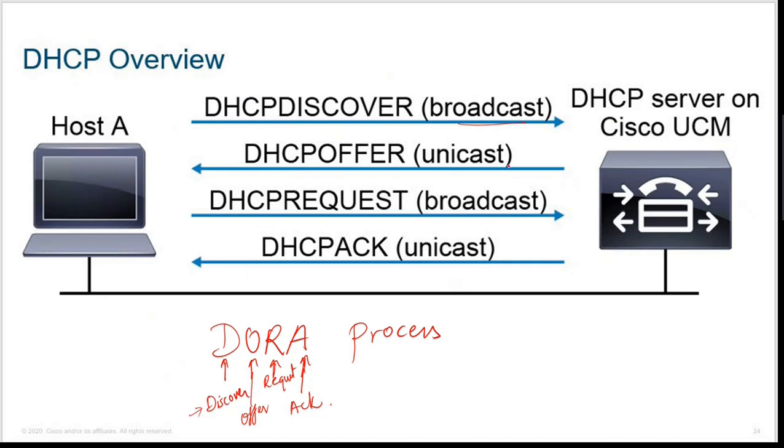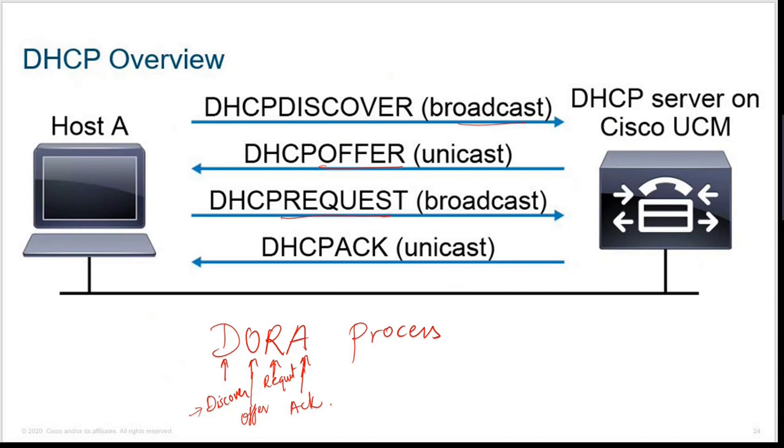Then it will reply back to the client with a DHCP offer, saying I have a pool of these IPs, so this is what I'm offering you. Then the client sends a request saying, okay, please provide me an IP address. Again, it is a broadcast because it does not yet have an IP address.